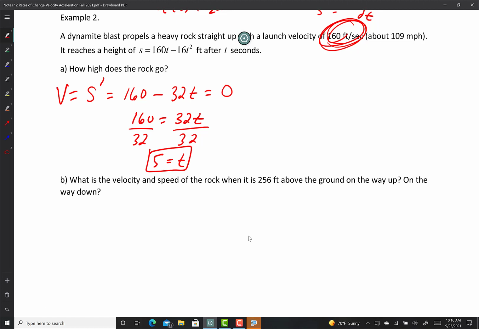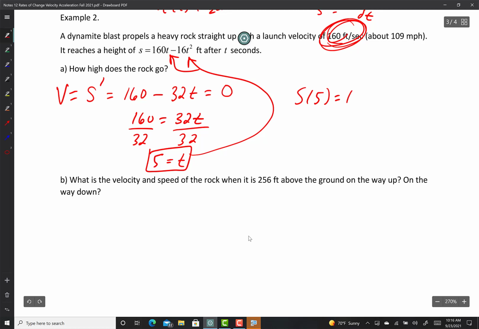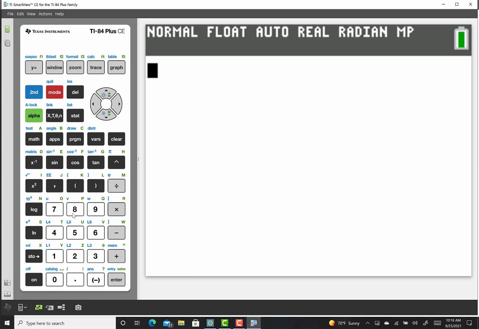I'm going to plug that back into what? The original. So my position at 5 is equal to 160 times 5 minus 16 times 5 squared. And this is going to give me the height that it went. So I take my calculator and I go 160 times 5 minus 16 times 5 squared.